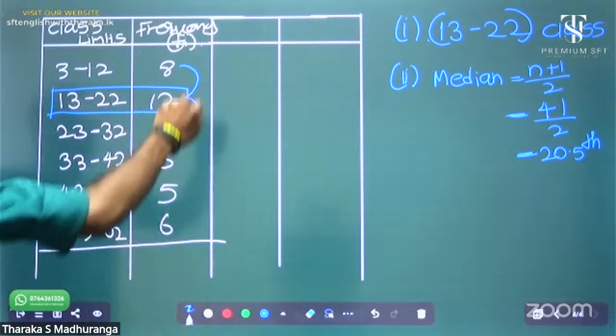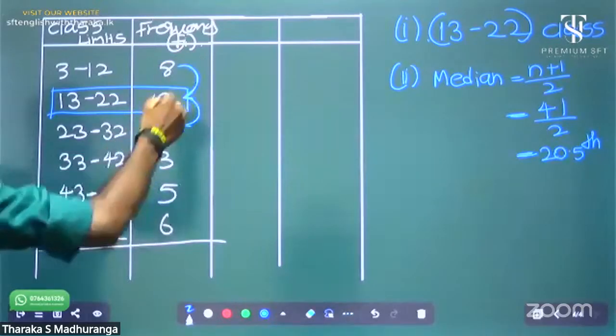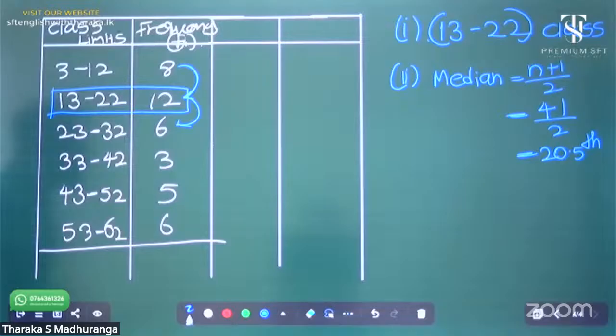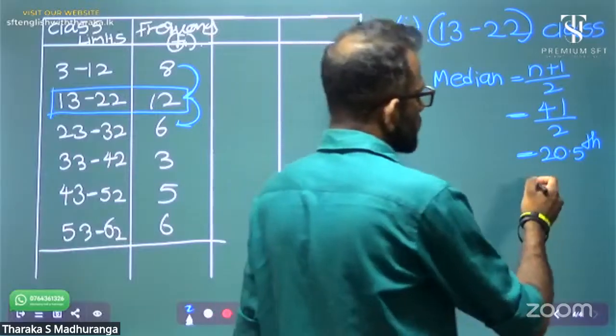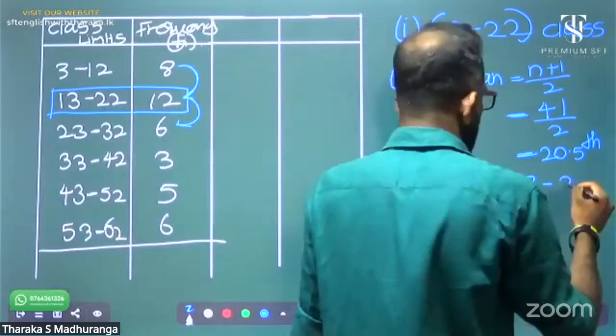Up to 20 is in the second class. Yes, it is more than 20 now. Therefore, the third class, 23 to 32.